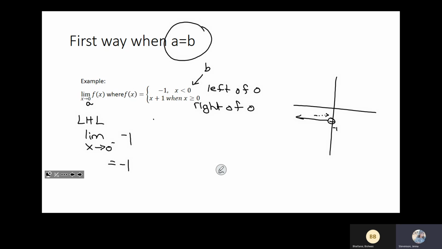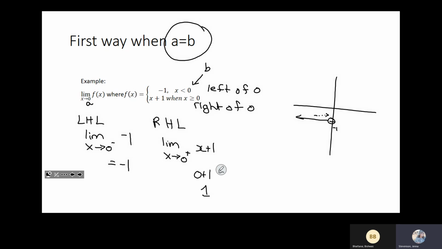Now the right-hand limit is the limit as x approaches 0 from the right, so we put that little plus. And this time, I'm going to choose the part that is the right side, so the x plus 1. Okay, so that is the right side of 0, which is the x plus 1. And this, I plug the number in, and I get 1.